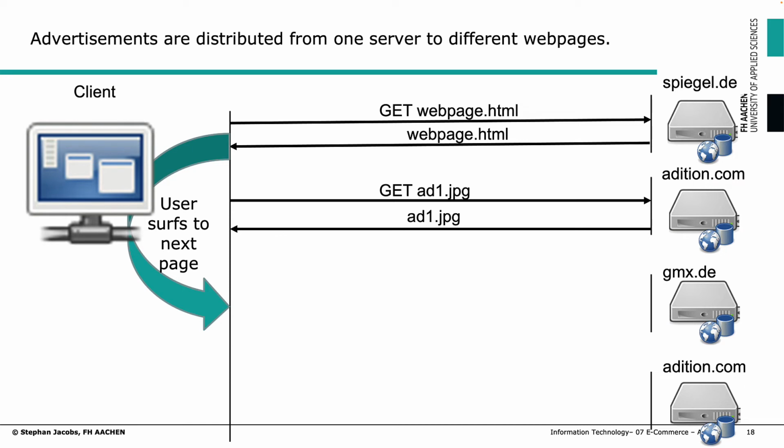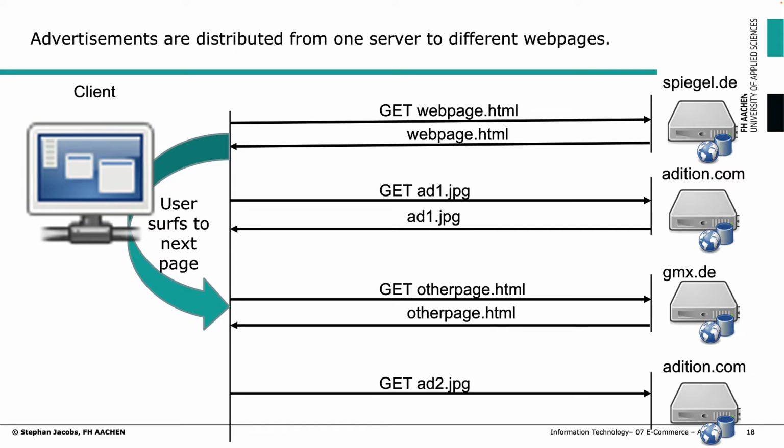Now the user surfs to the next web page, let's say to gmx.de. He sends another GET request, he gets another web page, and on this gmx.de page there is again a component by edition.com. So a GET request is sent and the ad is sent back. Now what has happened?